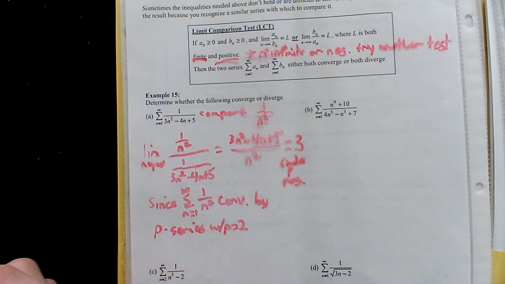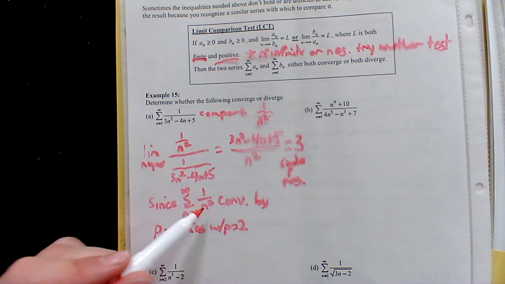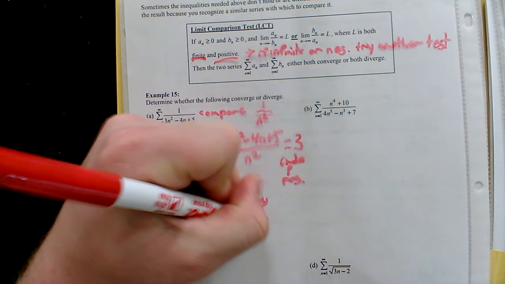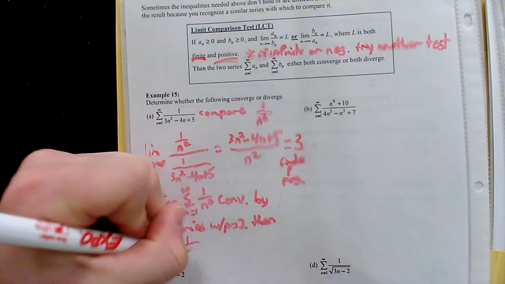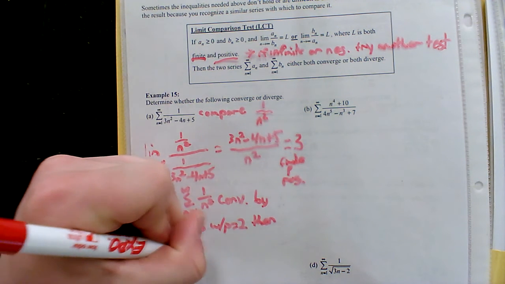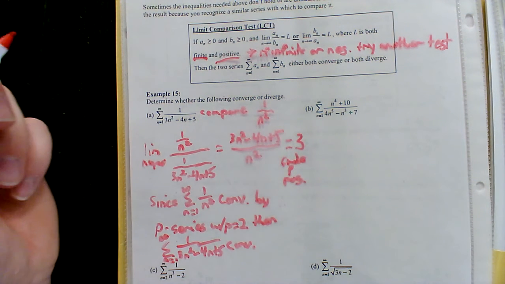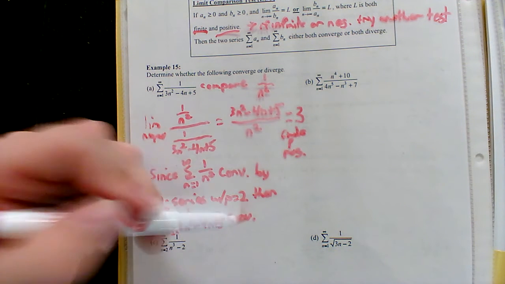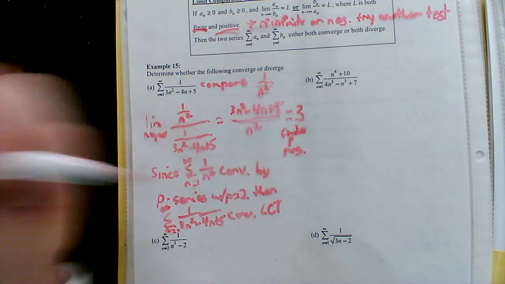So we're saying this was finite and positive, so now our 1 over n squared converged by p series, because we had the 1 over n form and it was to the power of 2. So with p equal to 2, then the summation of n equals 1 to infinity of 1 over 3n squared minus 4n plus 5 converges. Now that one converges by what? 1 over n squared converges by the p series. Yeah, by limit comparison test.